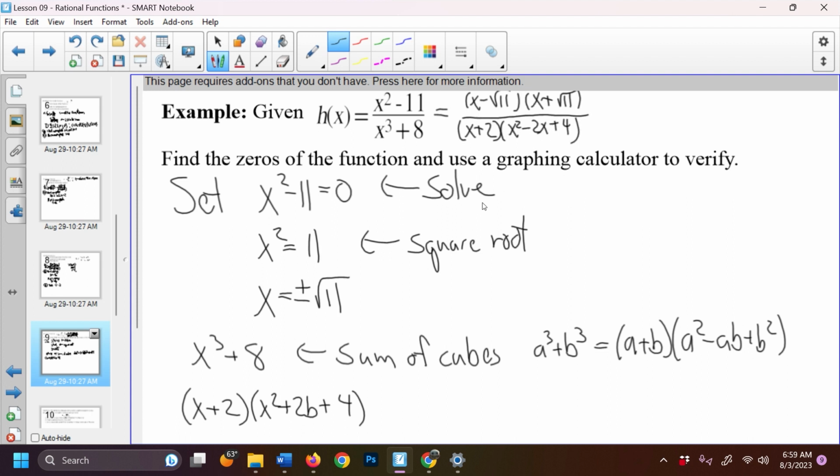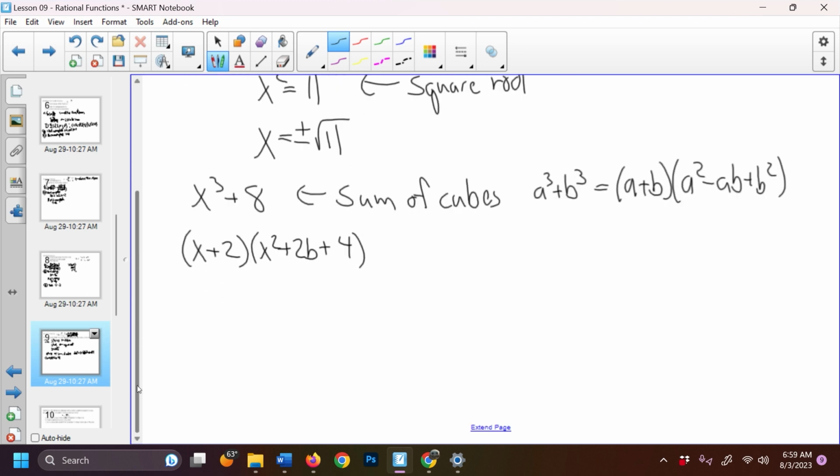And again, none of the factors in the denominator cancel with ones in the numerator. So my zeros will be x is equal to plus or minus the square root of 11.